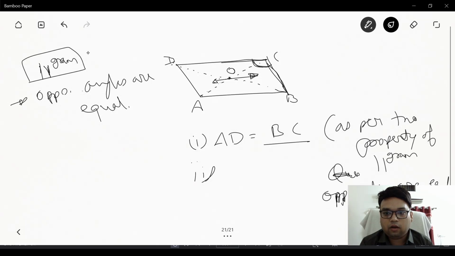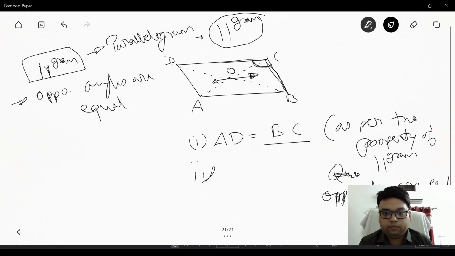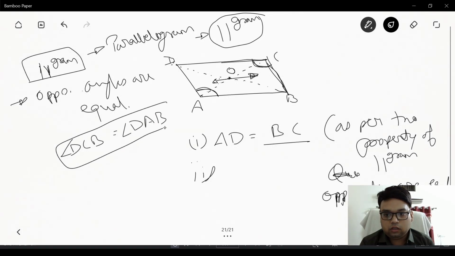I am not writing the whole word parallelogram; in short form we can write it like this. So opposite angles are equal, and the opposite of DCB is DAB. So angle DCB is equal to angle DAB. This is the answer of your question number 2.